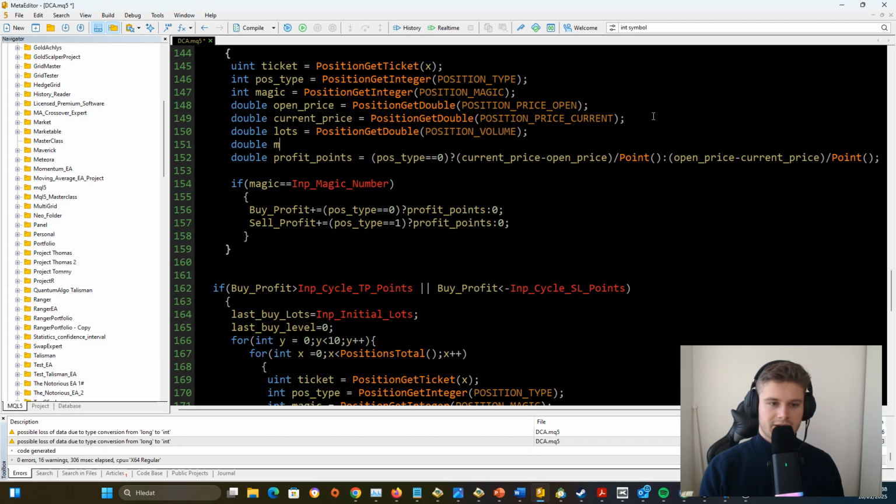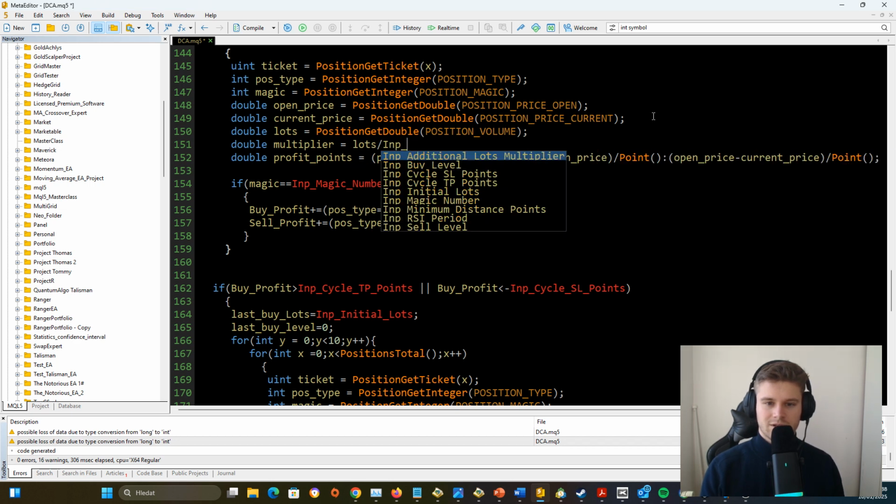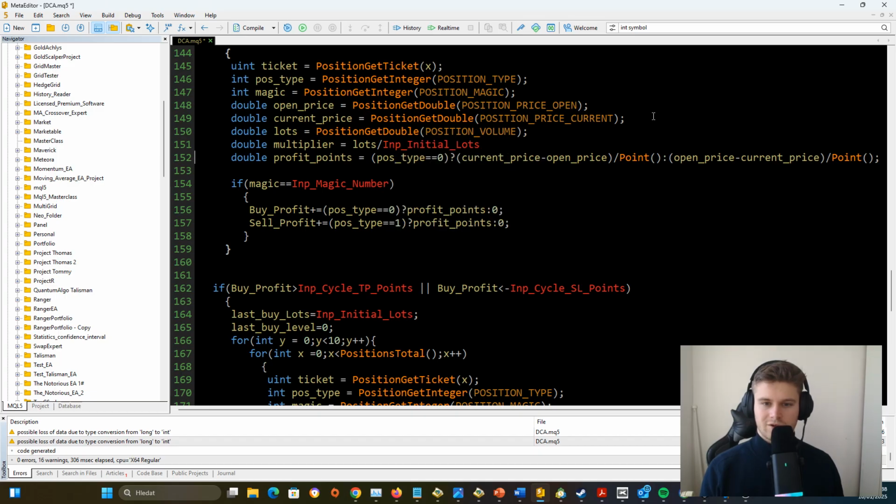So let's do multiplier, which will be equal to lots divided by input initial lots. Okay, so what this means basically, if the lots are 0.02, then this is 0.01, so the multiplier is equal to 2.